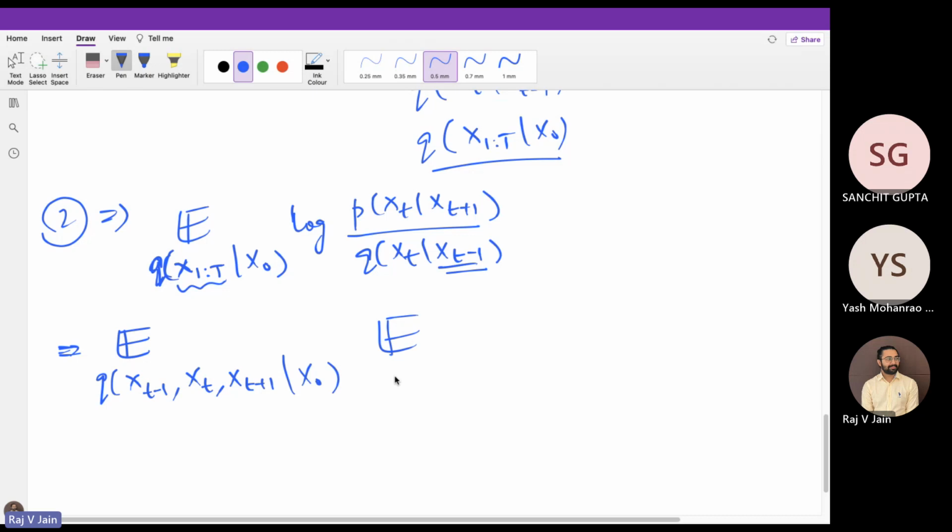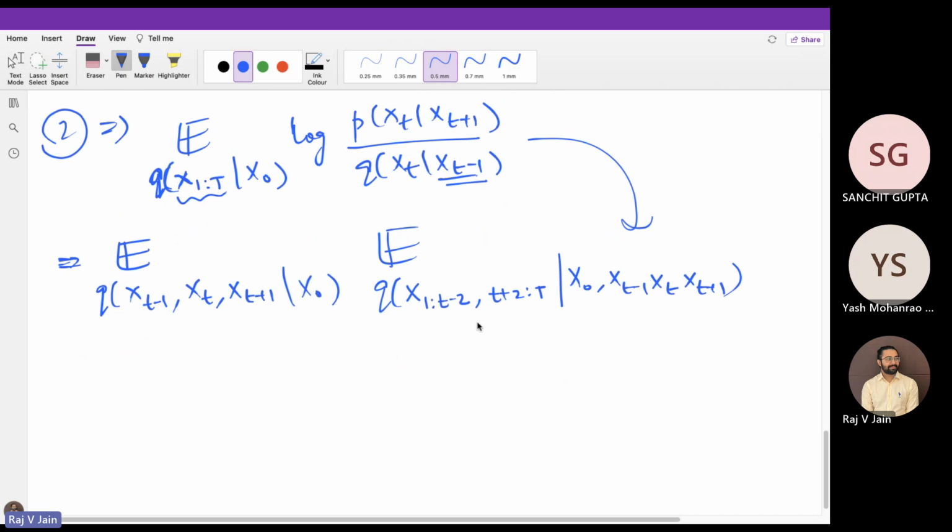Then the expectation of what remains is x1 to t minus 2, comma t plus 2 to capital T, given x naught, comma xt minus 1, xt plus 1, and all of this stuff here, right?